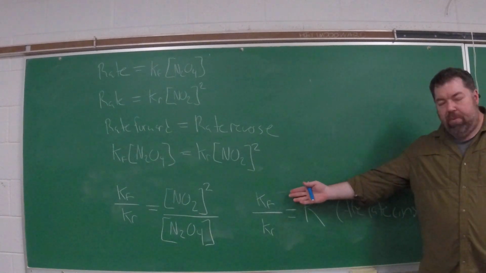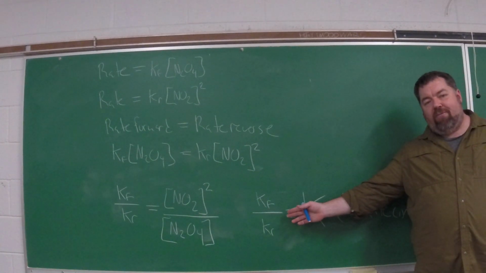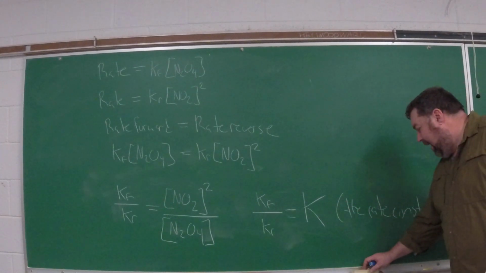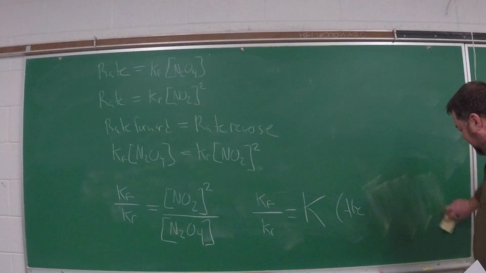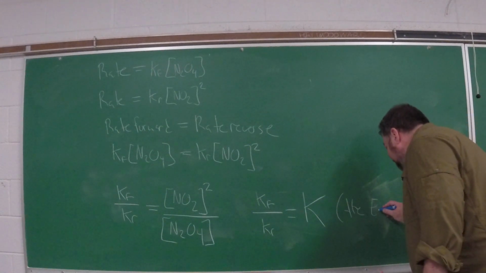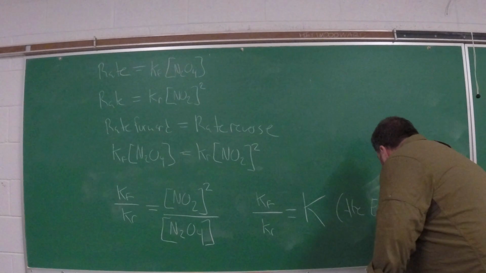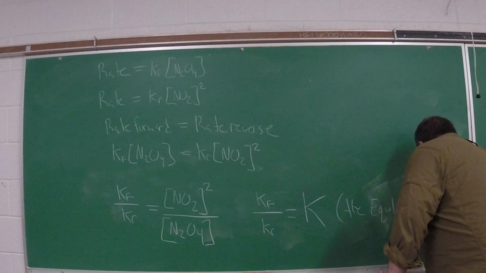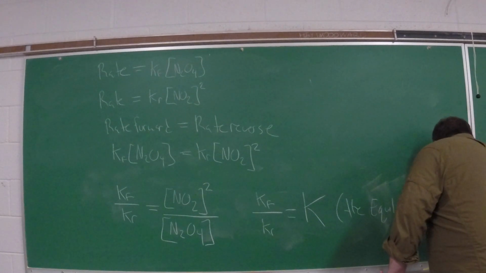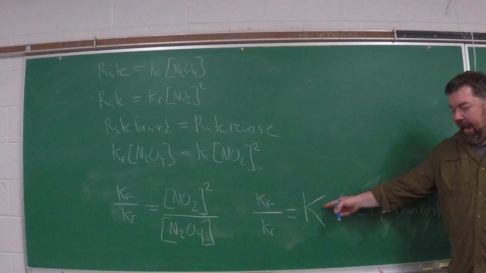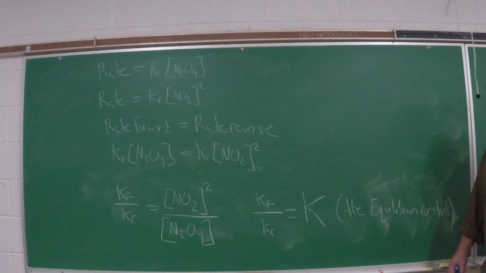So the forward rate constant divided by the reverse rate constant equals K, the equilibrium constant. Capital K, that's what that's going to be.